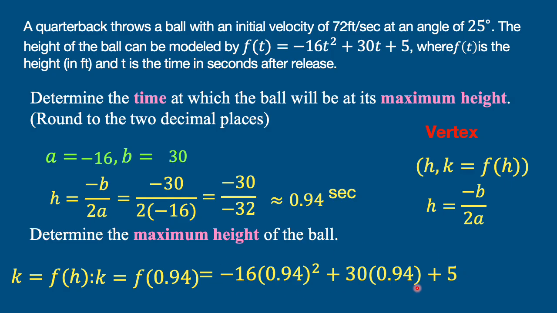When you use a calculator, you can find the maximum height, 9.06 feet. Do you understand this equation, everyone? This one is talking about maximum height, meaning you have to find the y value of the vertex. To find the y value of the vertex, you need to find the x value of the vertex.